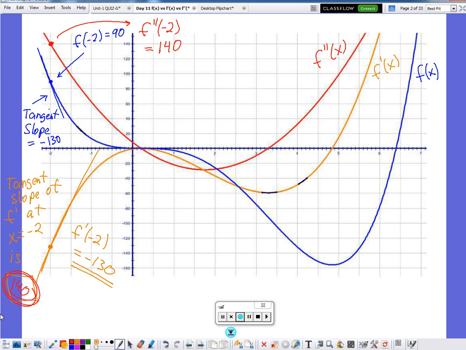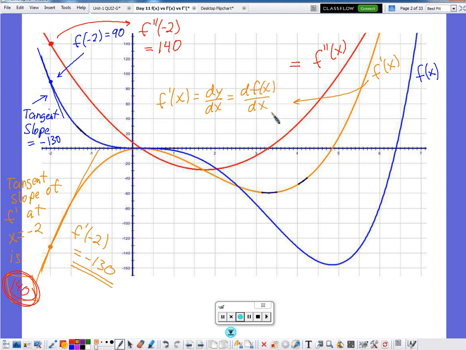Awesome. We need a new symbol as well. We've got f double prime. So back here, actually, let's just put it right there. The symbol for f prime, this was on the quiz today. One of the symbols was f prime of x is the same thing as dy over dx, which is the same thing as d of f of x over dx.